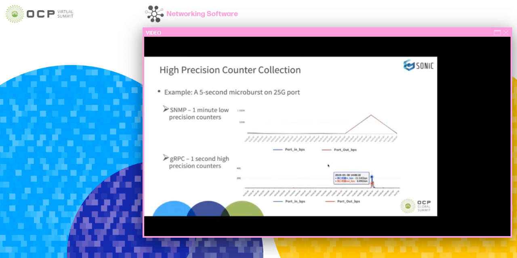With the high precision counter, we want to achieve second-granularity counters. Given, for example, a 1 second high precision counter, we can observe those short-term microbursts. This 5-second microburst can be shown clearly on the monitoring system, giving us a lot of information about the traffic volumes and status stats.